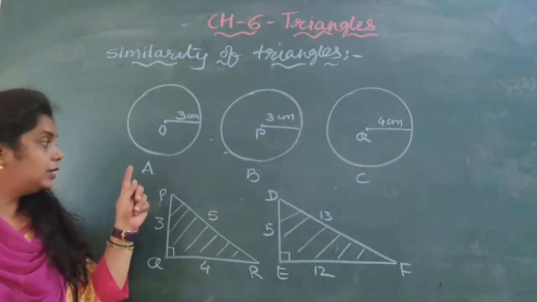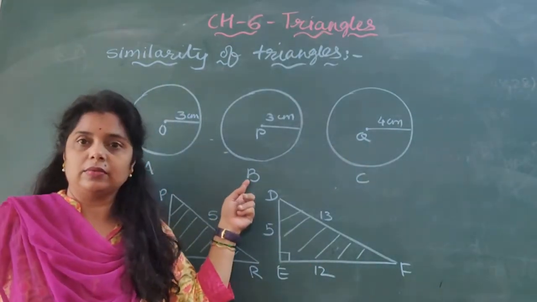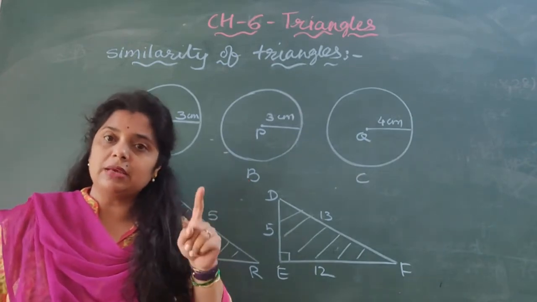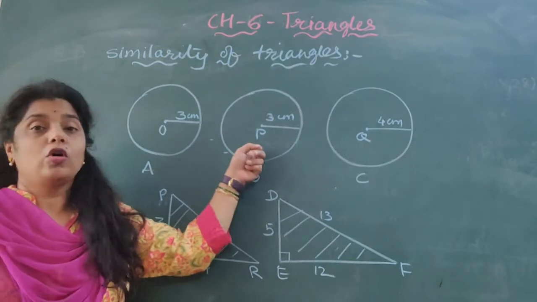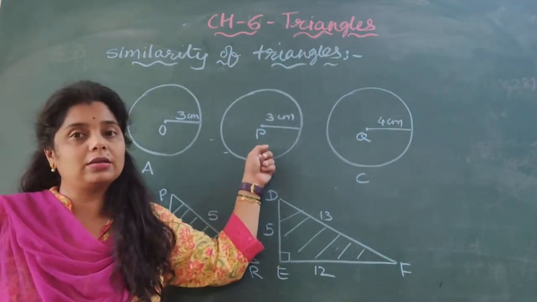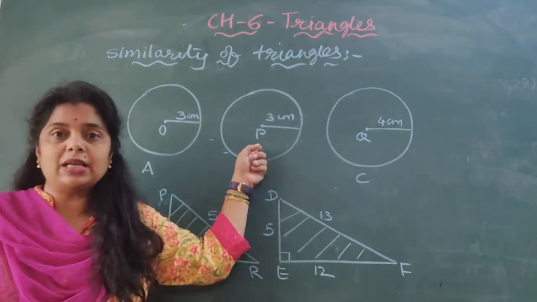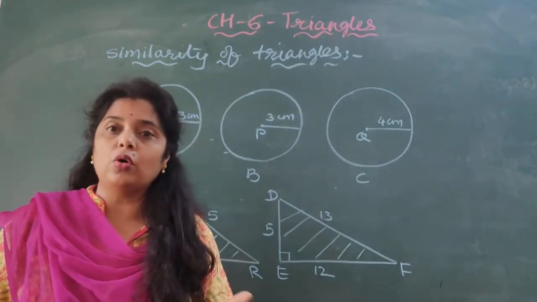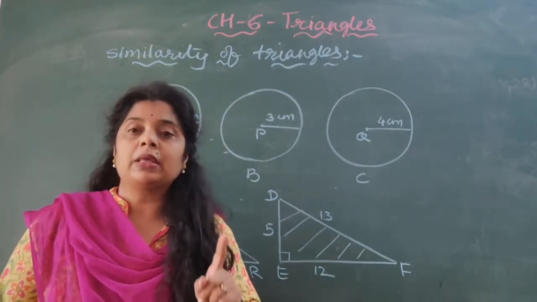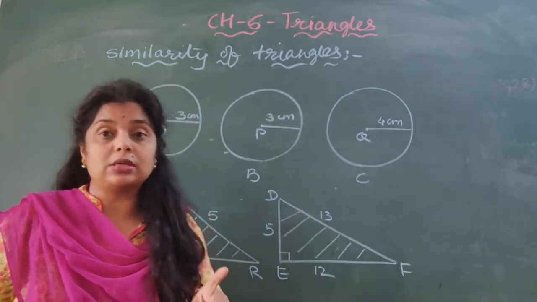So we can say that circle A and circle B have the same shape as well as the same size because the radii of both the circles are the same. So in that case we can say that circle A and circle B are congruent circles. Why?